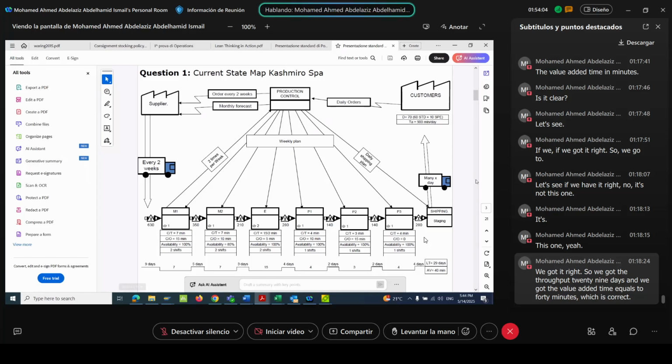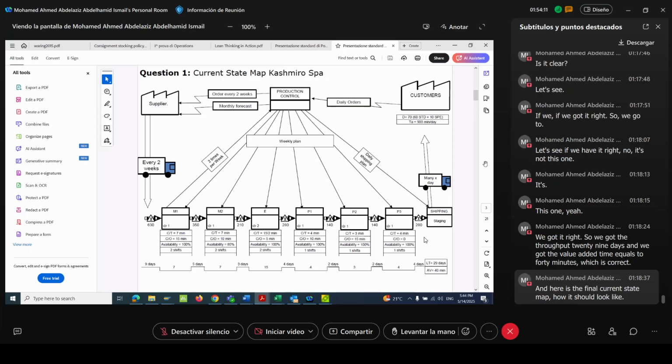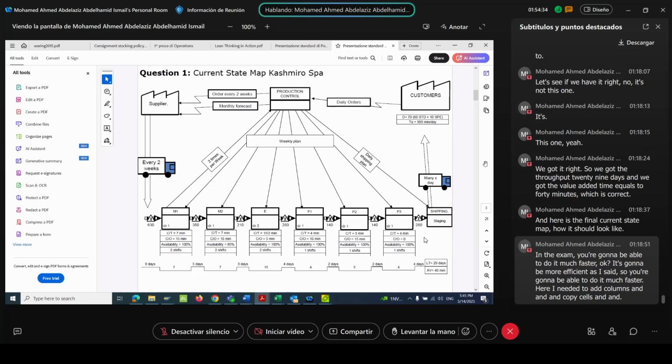And here is the final current state map, how it should look like. In the exam, you're going to be able to do it much faster. Okay, it's going to be more efficient, as I said. Here, I needed to add columns and copy cells and change a lot of arrows and so.